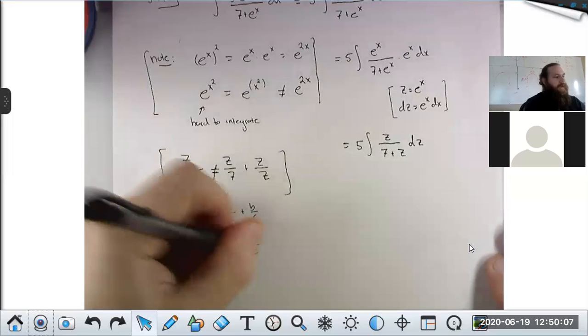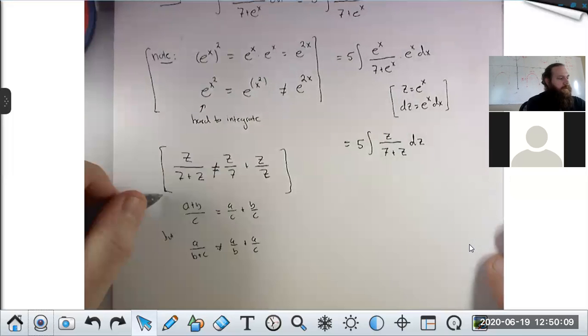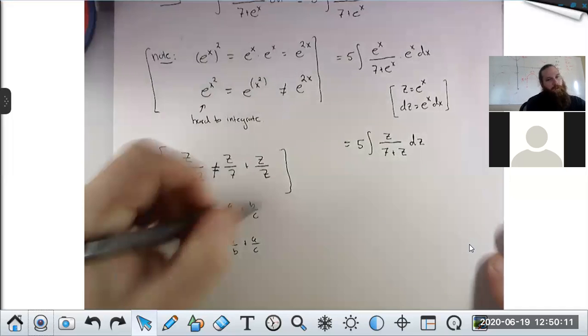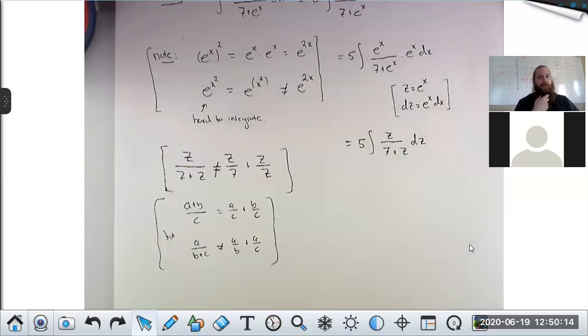So we can't do that. But instead of that, IBP might work, but it's definitely overkill. I don't see a natural way to split this as u times dv. Certainly not one that would yield something nice.